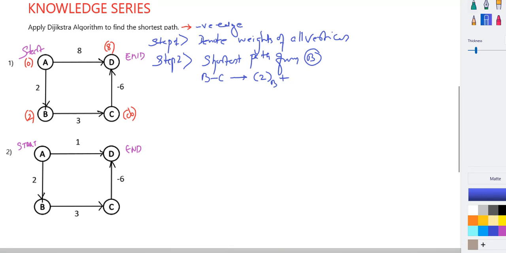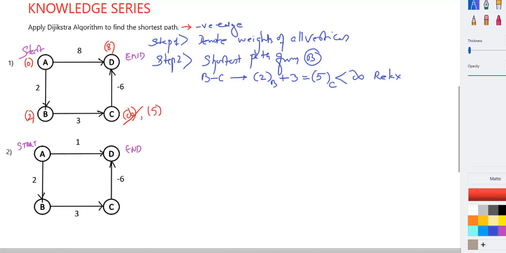So it gives 5. So 5 is the weight at C, which is less than infinity. So this is a relaxed condition, and we need to modify this. So we modify this to 5.